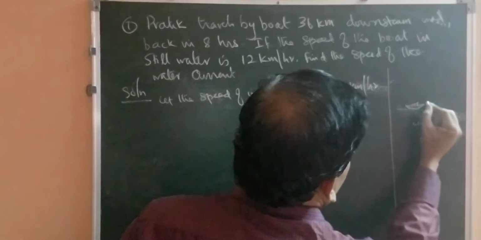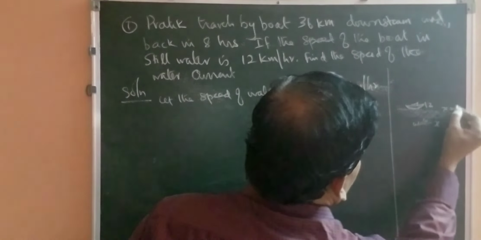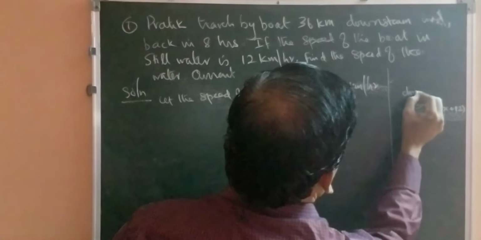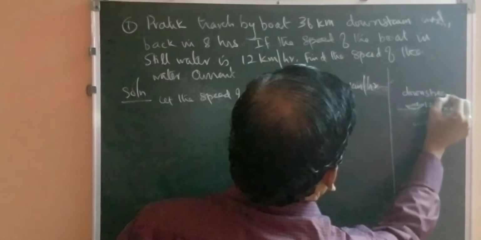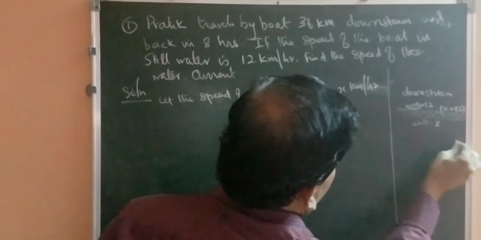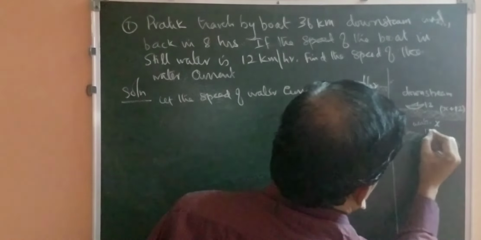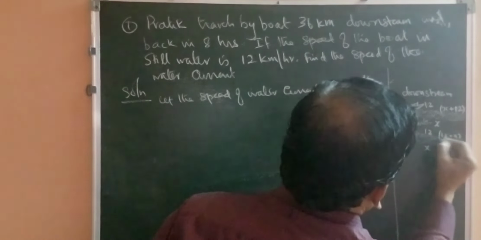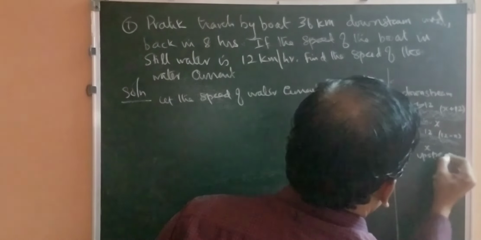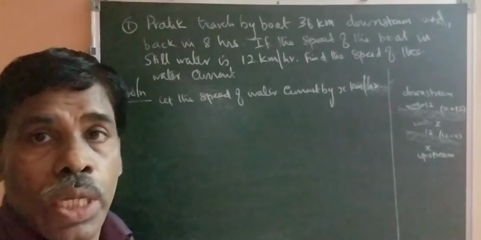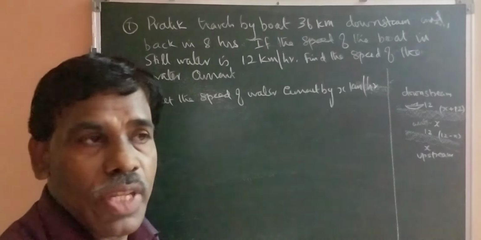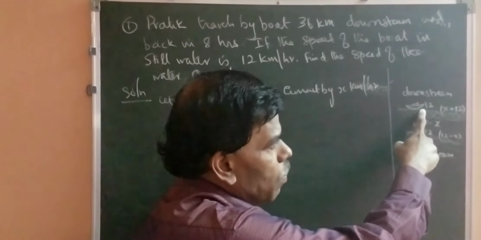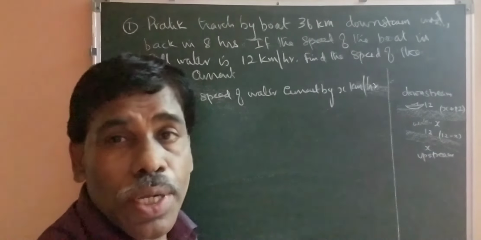So the boat is 12. So x plus 12 if it is downstream, and if it is upstream, it is 12 minus x. If it is downstream, the speed will be the speed of the boat plus the speed of the water current.